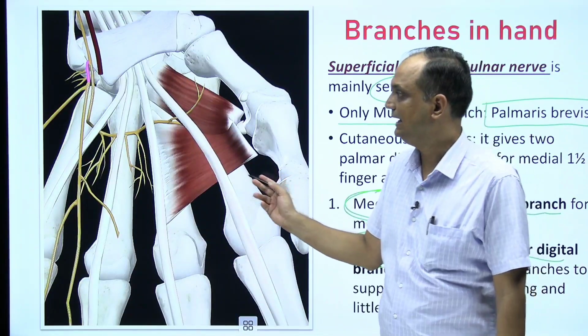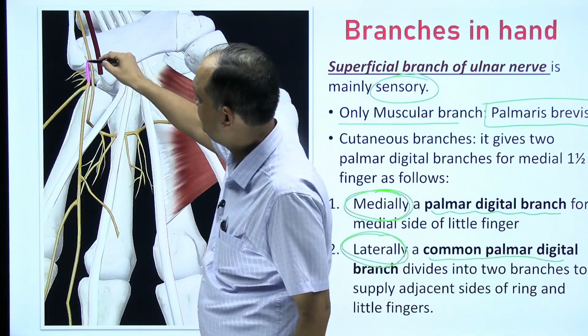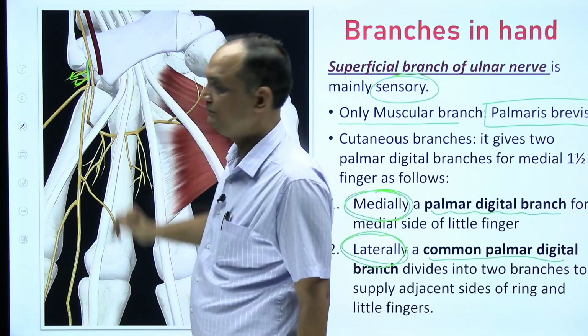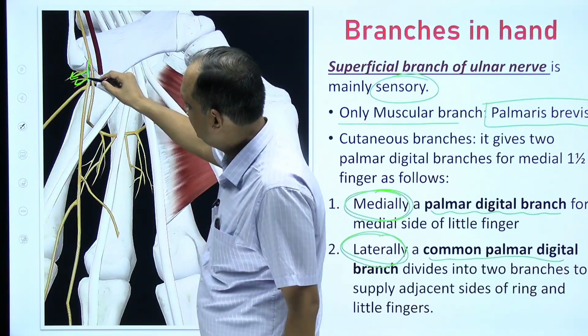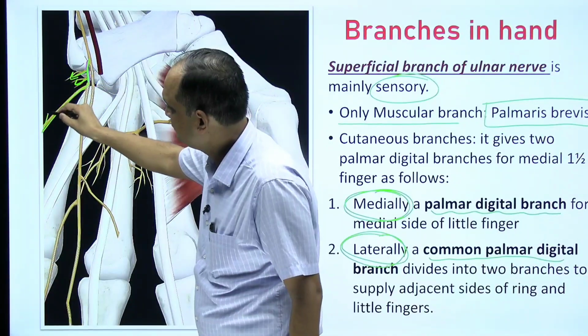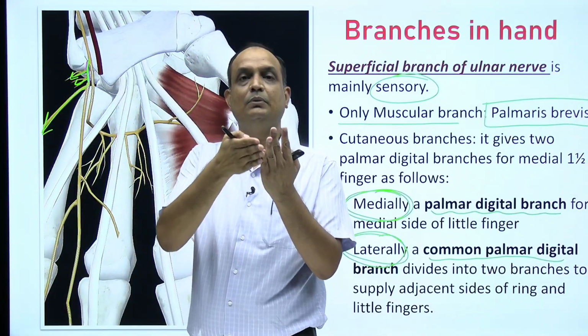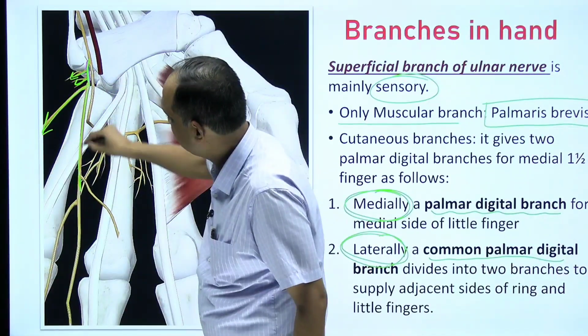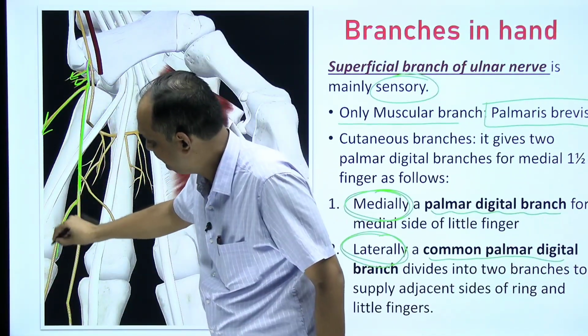Now here you can see in this diagram that this is your superficial branch, and this superficial branch is giving a small branch to the palmaris brevis. Then it is giving two branches. This is the branch which is going to supply the ulnar border of your little finger, while this is the common digital branch, and this common digital will bifurcate.